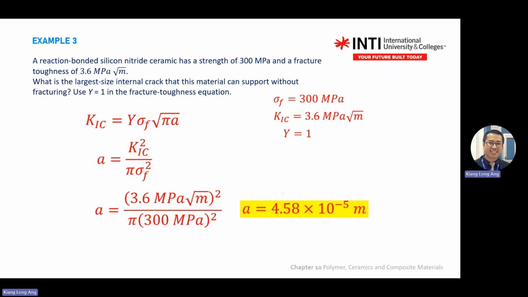There are two types: edge crack and internal crack. Internal crack is 2A. Remember, when you use the KIC equation, the A here is half of the internal crack. I just put a note here: if the question asks you internal crack, remember to multiply by 2.